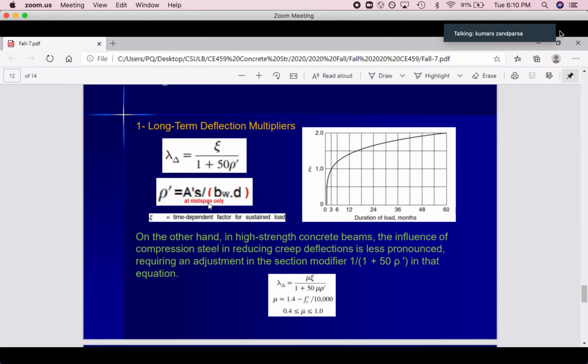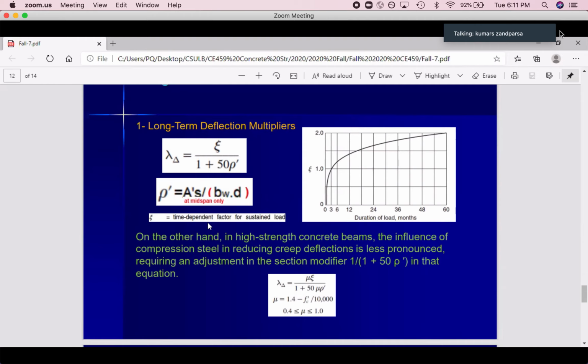In this equation, rho prime is at the mid span only and should be the compression rebar at mid span divided by bw times d. If your section is a T section, whatever, it doesn't matter. Forget about that b. For a rectangular section, b is always bw. T section, I section, whatever, go with the web width times d. A prime s at the mid span only.